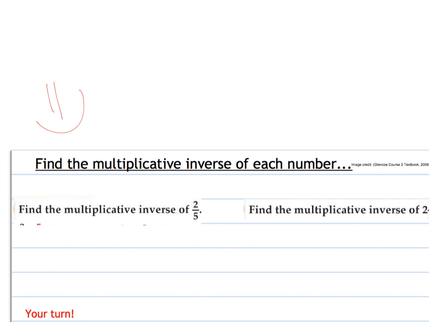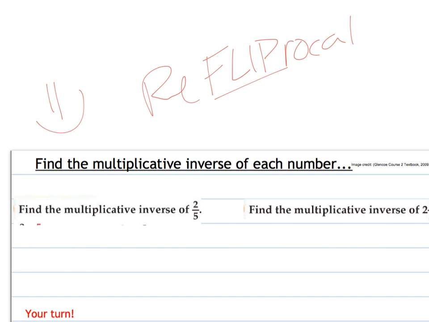So the multiplicative inverse, or the reciprocal, is that number flipped around. So the opposite reciprocal of 2/5 is 5/2, because if you check them, if you multiply them together, we would get 10/10, which is the same as 1.